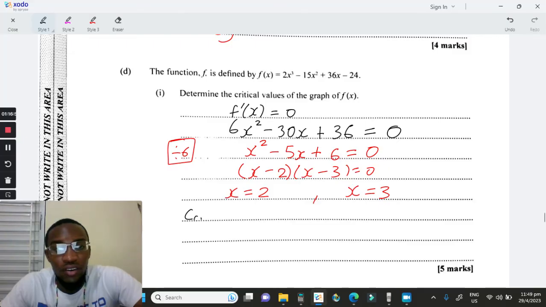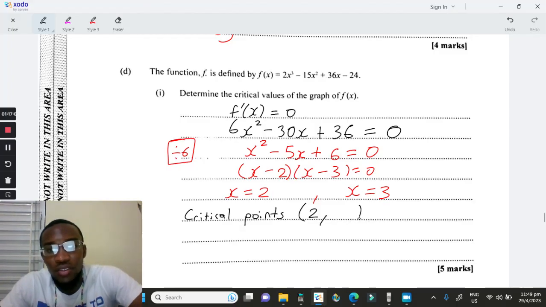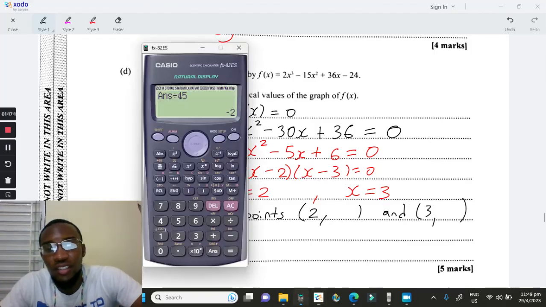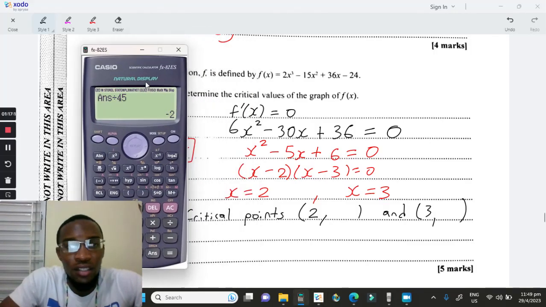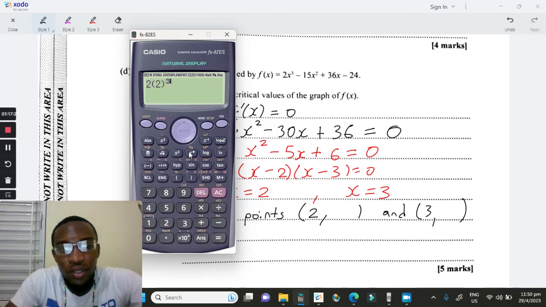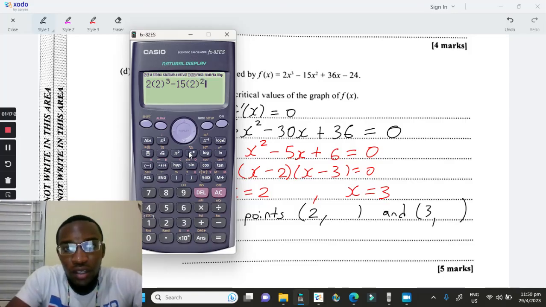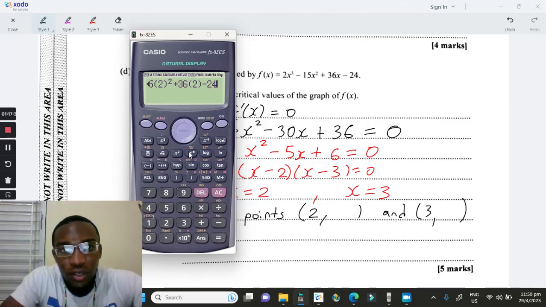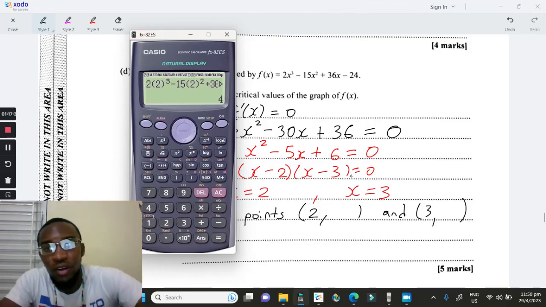Now, if they wanted critical points, it's always good to find your critical points. So when the x value is 2, plug 2 into this function. Then when the x value is 3, plug it into that function to get your critical points. So we have 2 times 2 cubed minus 15 times 2 squared plus 36 times 2 minus 24, and we do that and we get 4.